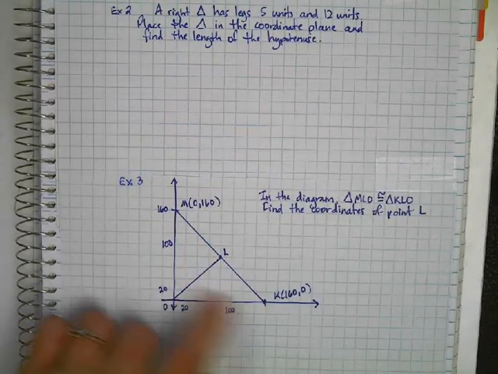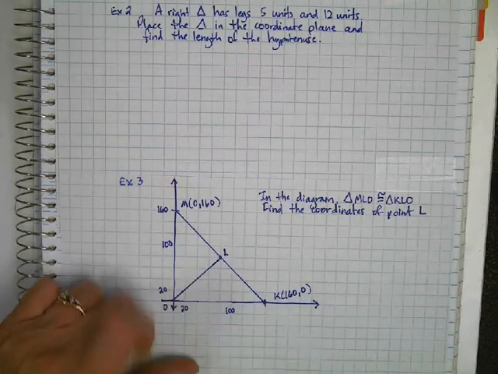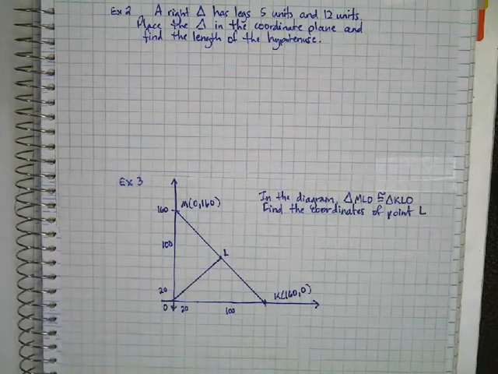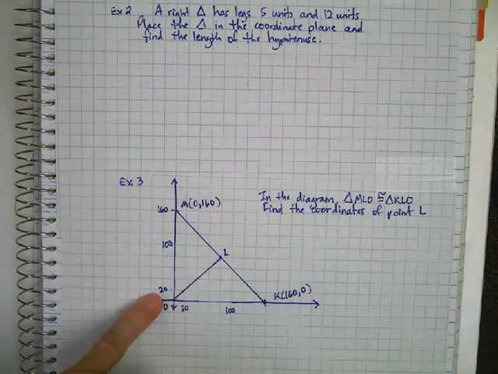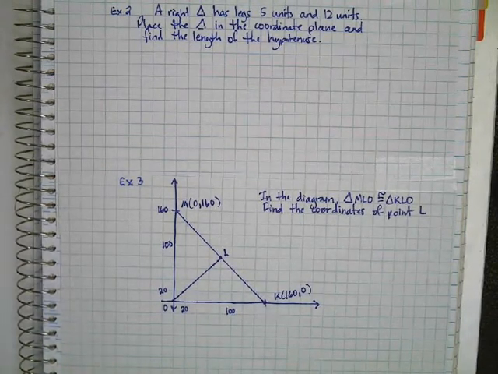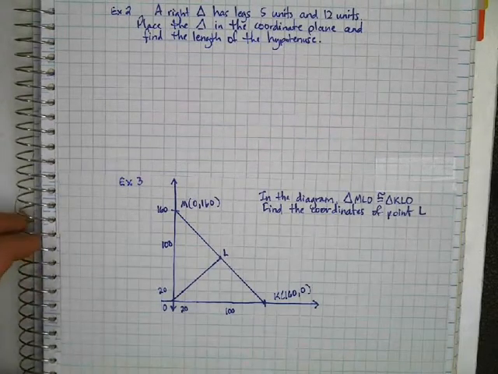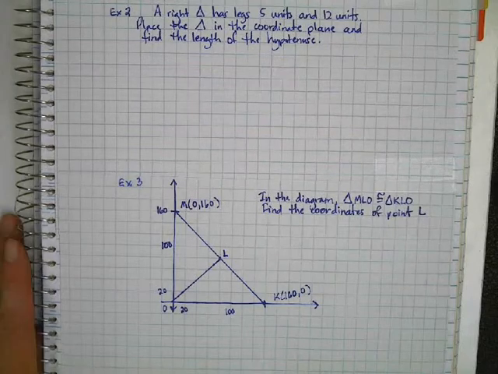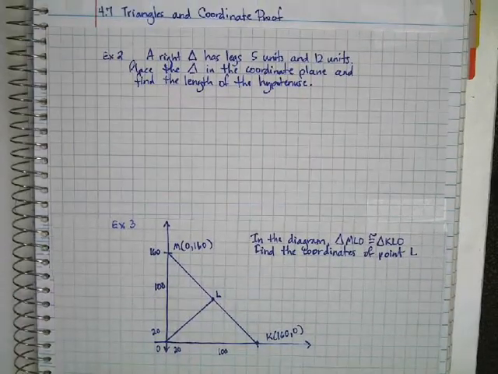The triangles are on graph paper, and you have to prove the triangles are congruent based on them having ordered pairs plotted on a graph. So you might still use side angle side, side side side, angle side angle, or angle angle side. Any of them, HL theorem, any of those might still be used to prove congruent triangles, but it's done in a little bit of a different way.